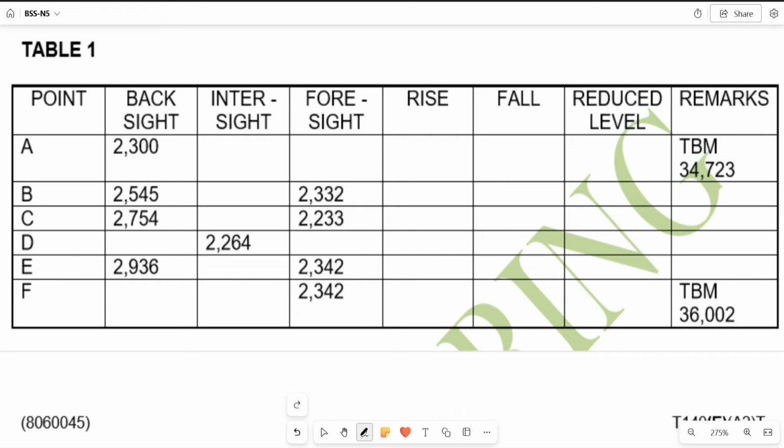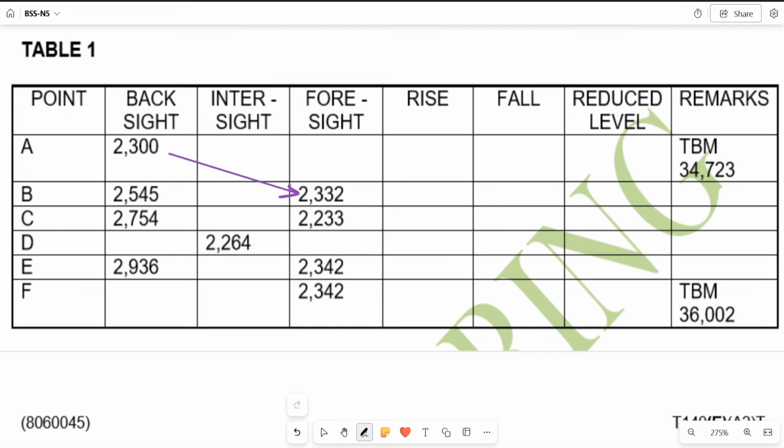So we can see that we have A and we can't have rise or fall in this point here. So what we do is we look at A and B. You can see that this is A, so you're going to get that point there, right? So we are going to say backside minus the foresight.